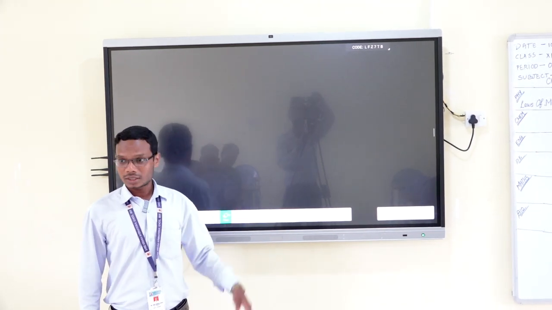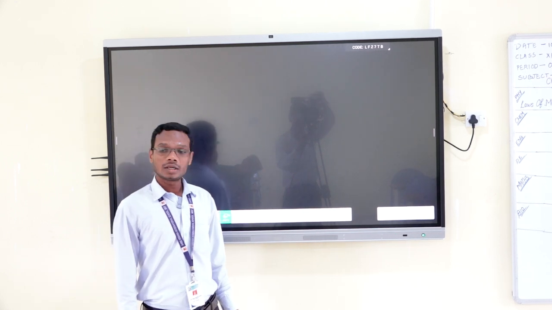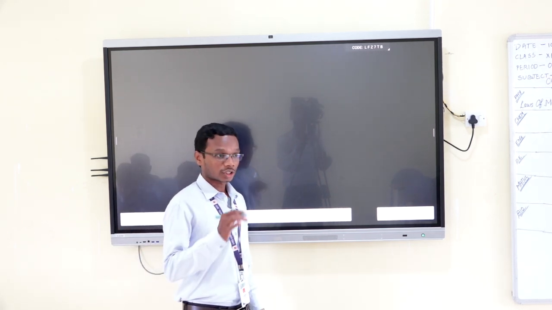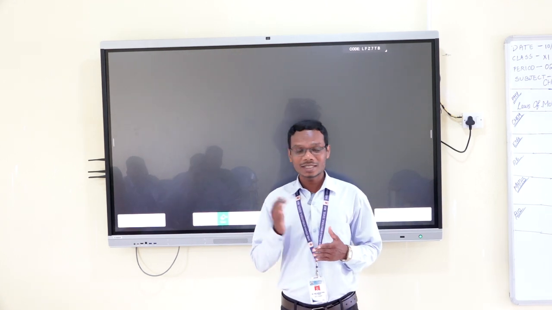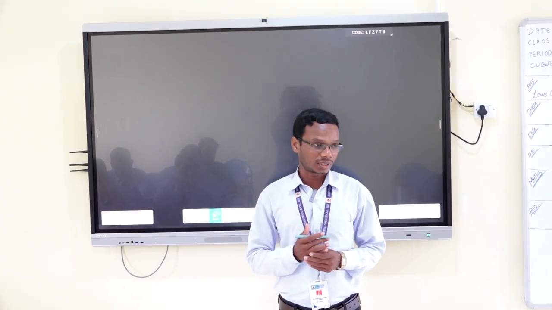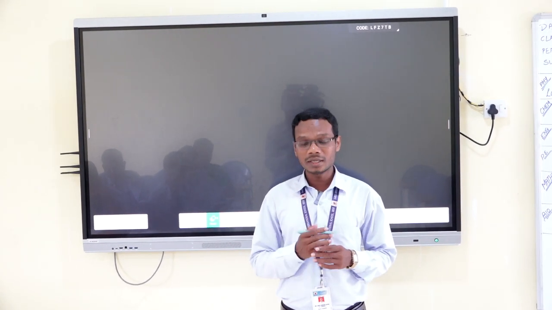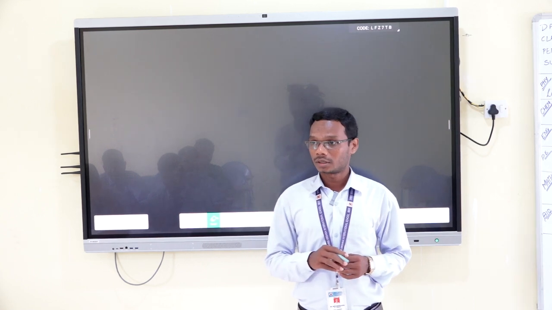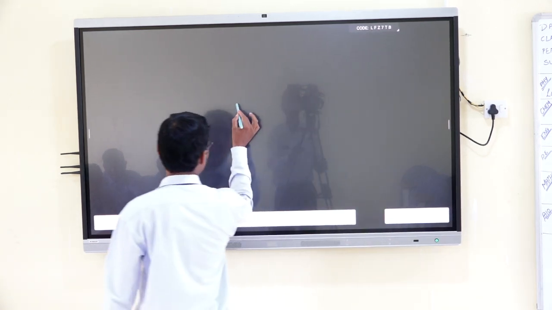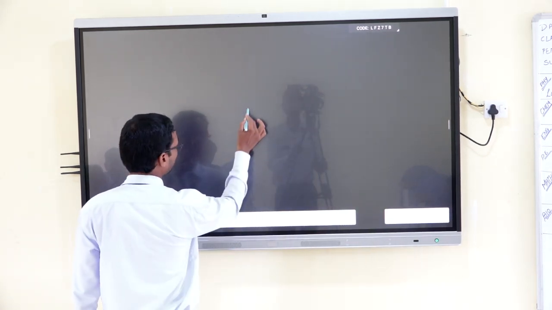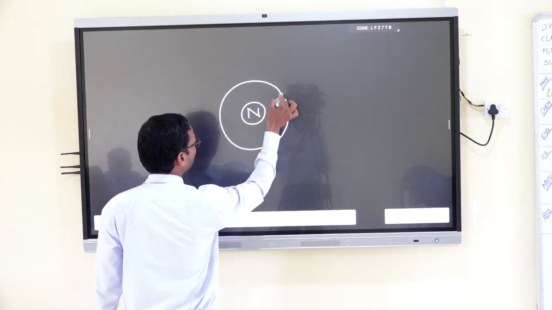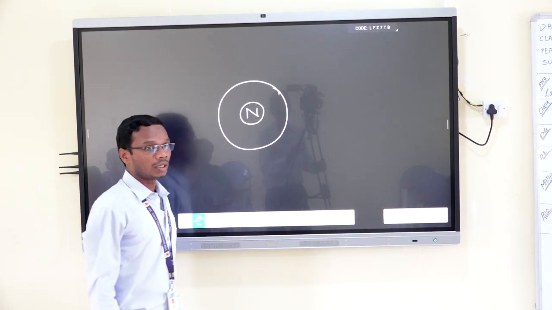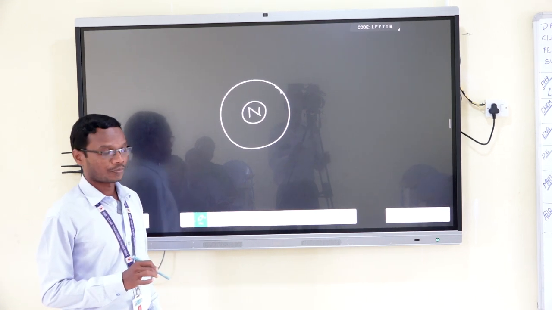As per our last class, you already know about the structure of the atom and how electrons are arranged in shells and subshells. It is clear from the Bohr atomic model. You know clearly, the nucleus is in the center and the electron moves in a fixed circular orbit.